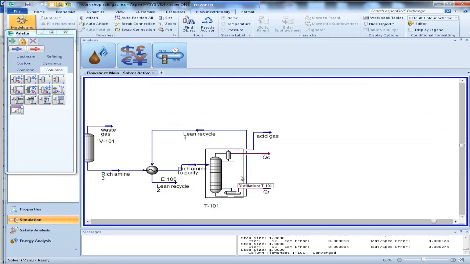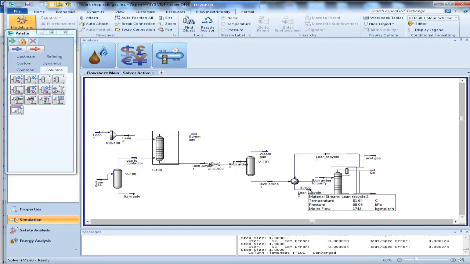Look at the flow sheet. We have the stream that came out from the bottom at around 110 degrees Celsius, which will be exchanged to preheat the rich amine 3 at 40 degrees Celsius up to 70 degrees Celsius, and that will reduce the temperature in this line, in the shell line, to 80 degrees Celsius.